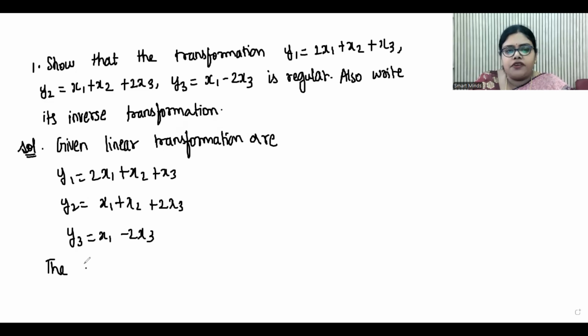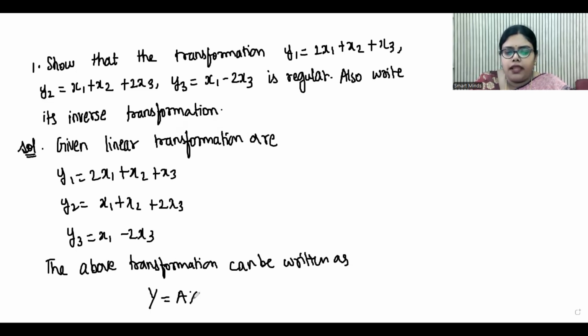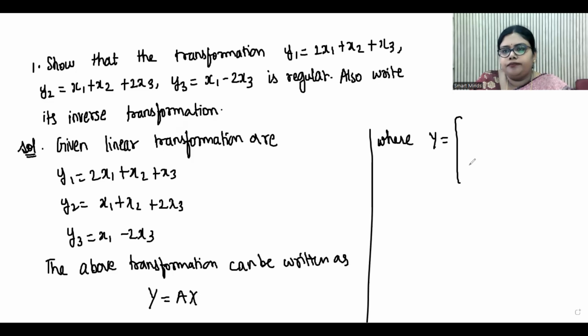Now the above transformation can be written as, we can write this as y is equal to AX, where y is equal to y1, y2, y3.